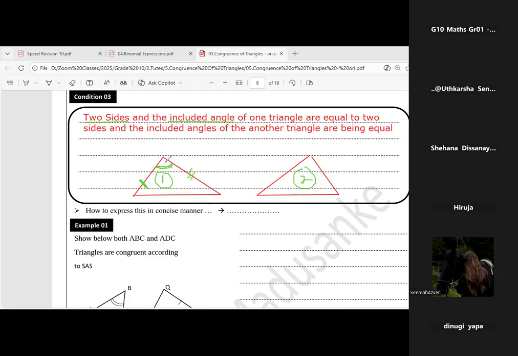This is the included angle. If you want, you can draw, but actually no need. You need to understand this concept.